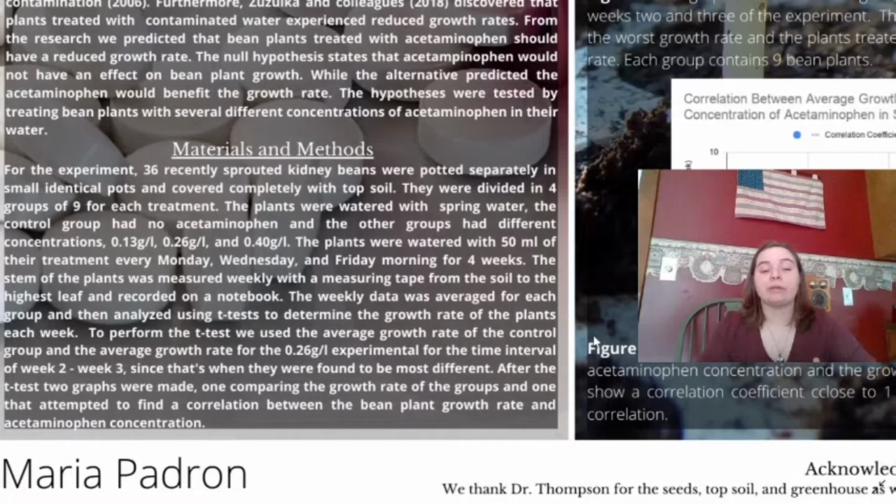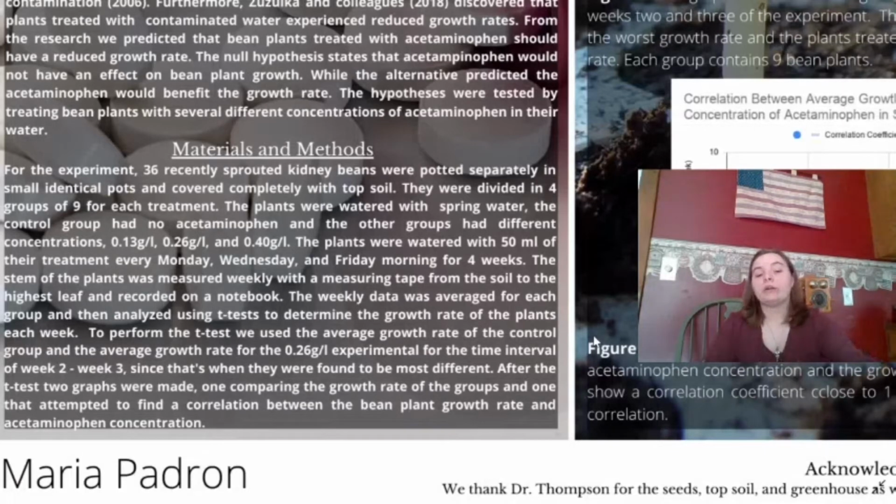Each group had 9 bean plants, and there were 4 different groups. One group, our control group, had no acetaminophen in the water, and then there were 3 other testing groups: 0.13 grams per liter, 0.26 grams per liter, and 0.4 grams per liter.